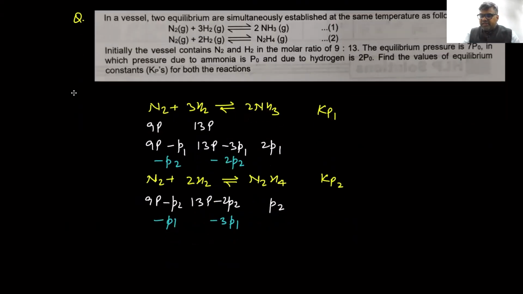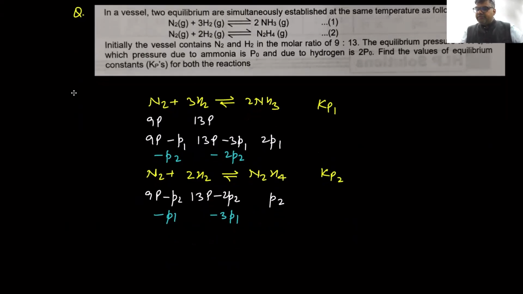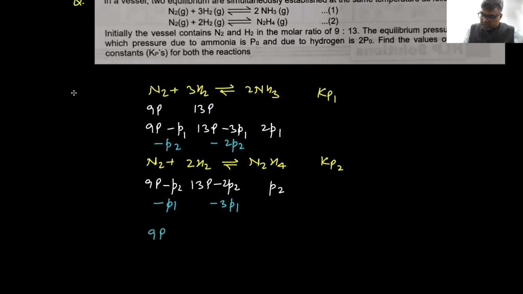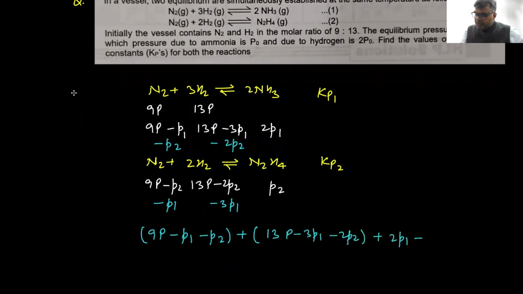Now, whatever data is given, we have to use. First, it is given that the equilibrium pressure is 7P naught, so we have to write the total pressure. It's 9P minus P1 minus P2, this is the partial pressure of nitrogen, plus, I'm writing in brackets so that it is clear, the pressure of hydrogen, 13P minus 3P1 minus 2P2, then the partial pressure of ammonia is 2P1, and the partial pressure of N2H4 is P2.